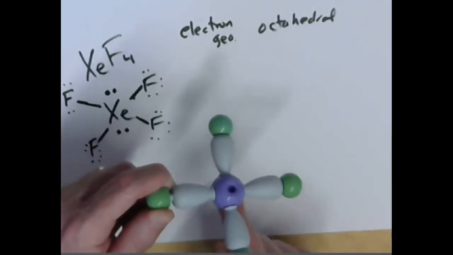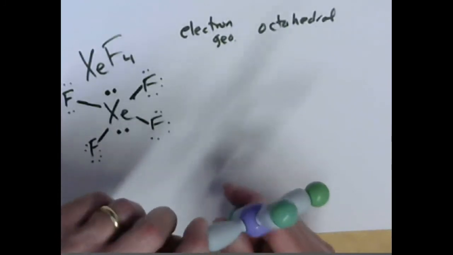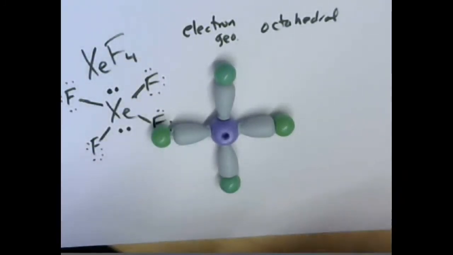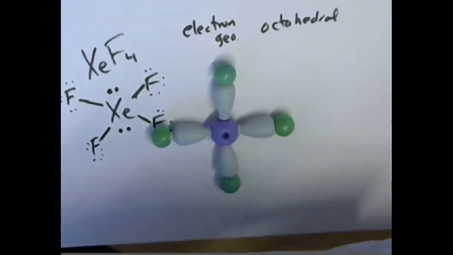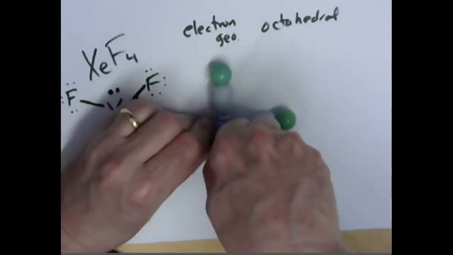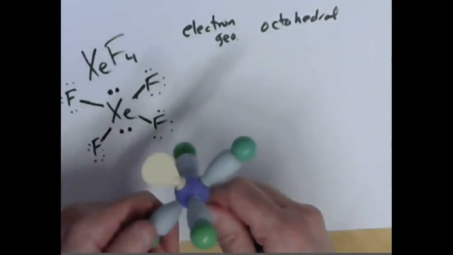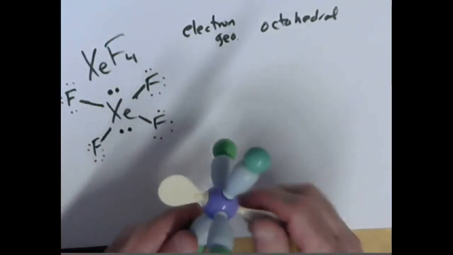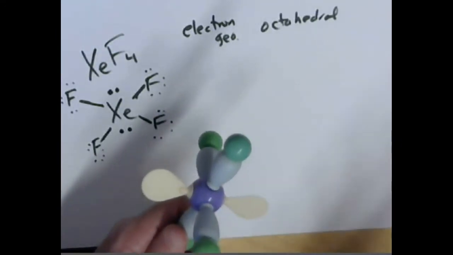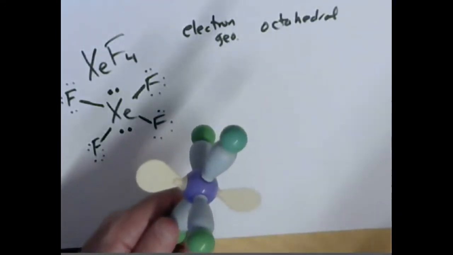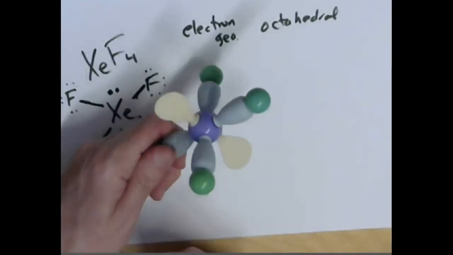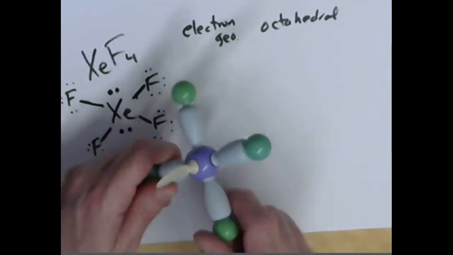So by having those non-bonding pairs be on opposite sides, maybe if I add these in, it might help you see a little bit better. Let those be non-bonding pairs of electrons. That minimizes the repulsive forces between those non-bonding pairs. It also makes the molecule more symmetrical. Remember, nature loves symmetry. So those are my non-bonding pairs.